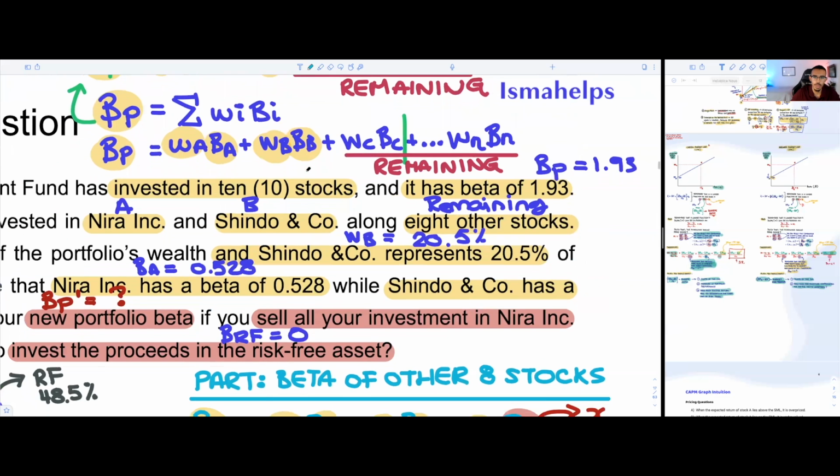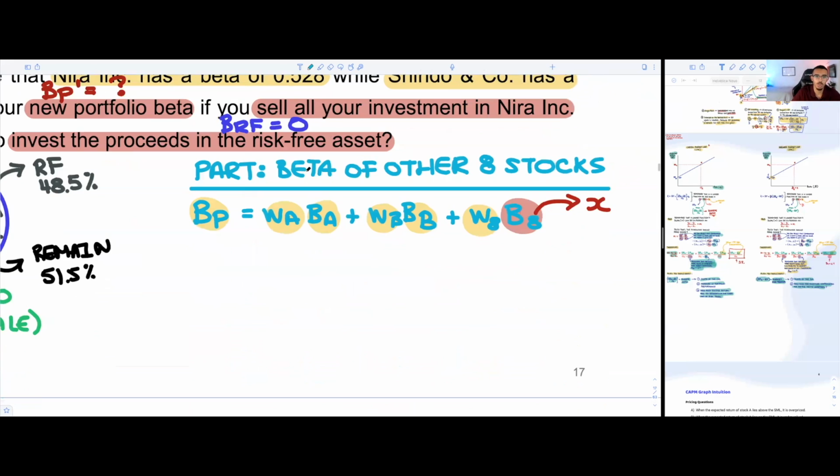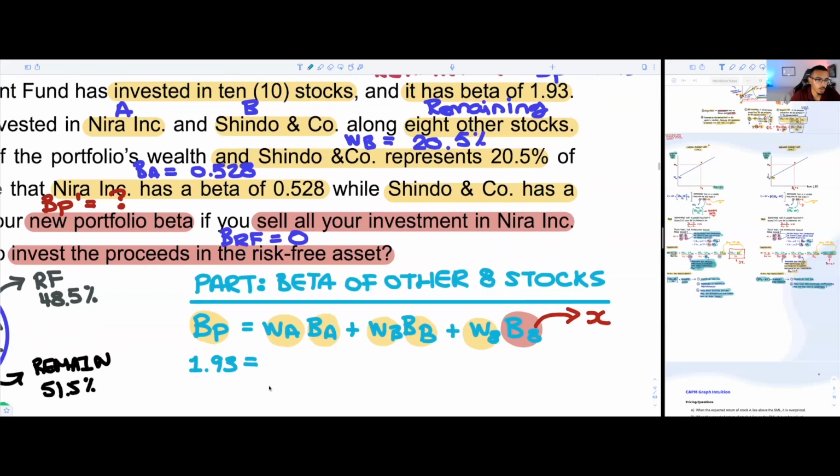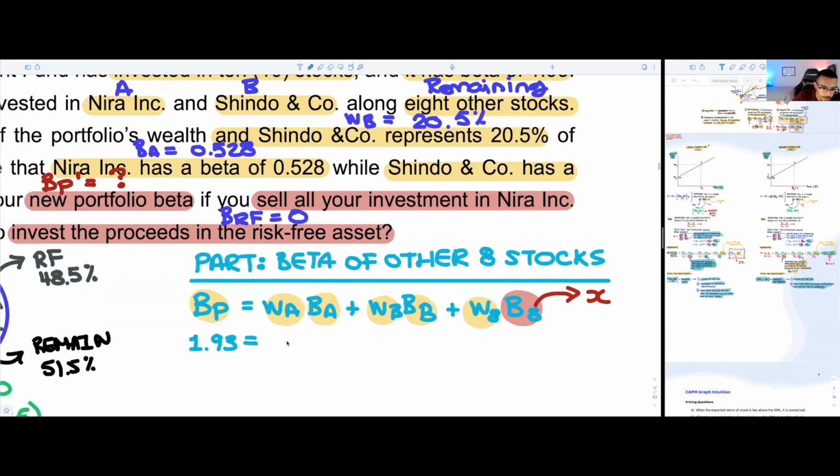So we know that the beta of our portfolio is equal to 1.93. So we would say 1.93 is equal to, and I'm going to have to retrieve the numbers just because I don't really remember them, 28% times the beta of A. And the beta of A is 0.528. I hope I have enough space. If not, we'll move stuff around.